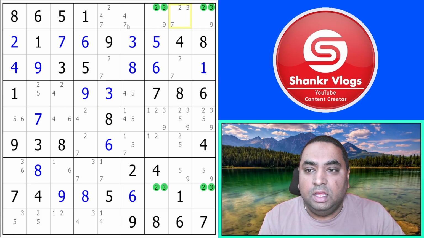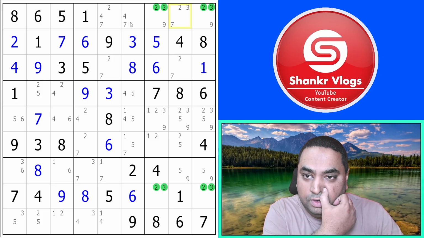In the same way, look at the first row. In the first row there are no 9s, so we don't need to remove any candidate. If there were a 9 here, we could remove it from the first row. So that is the way of eliminating candidates for the type 2 unique rectangle.